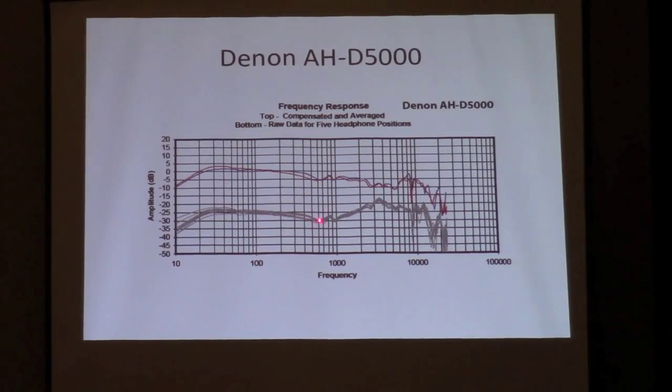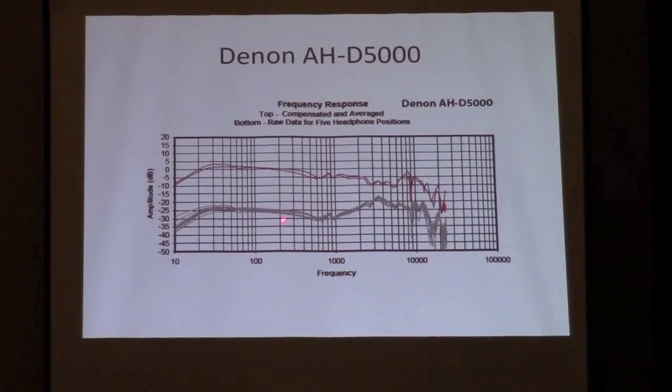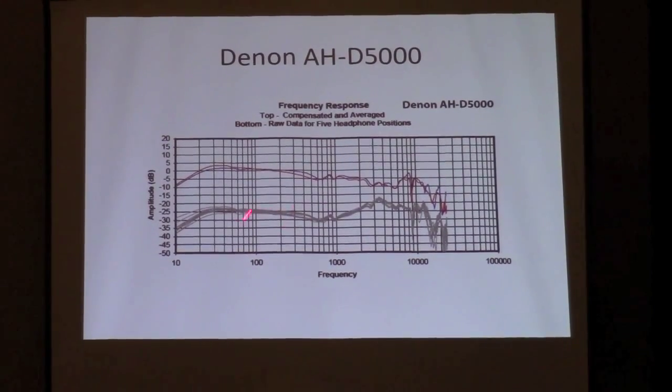This rise remains high up into the middle of the mid-range, and so this headphone should sound a little thick because the bass boost should be down back to the baseline by 200 hertz, and it's not, which gives it kind of a low mid-range bloominess to it. It makes it a little thick sounding. And then again, this headphone doesn't roll off enough after the peak, so this headphone can sound a little bright as well. So this headphone has a smiley face signature where it's got strong bass and a strong mid-treble.